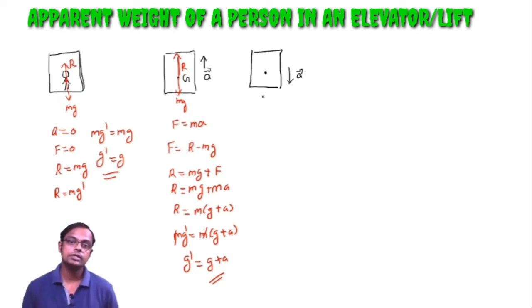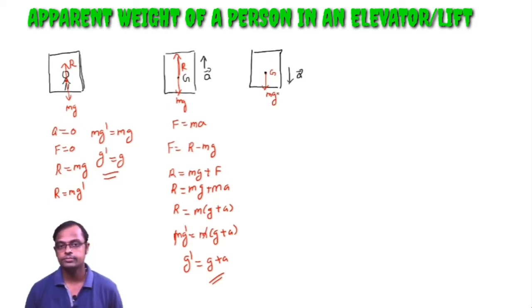So what is the resultant force? Is there any chance for a resultant force? Definitely it will be there. As usual, mg will be acting vertically downward, correct? The next one, the normal reaction force, will also be acting in the upward direction. But here the body is accelerating downward, so the R value, the weight the person now feels, will be less than his actual weight.